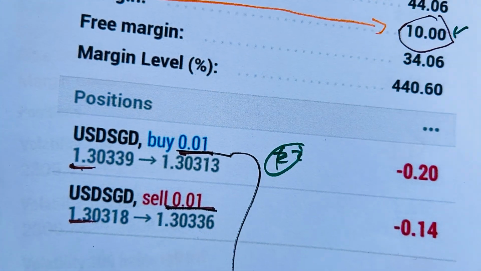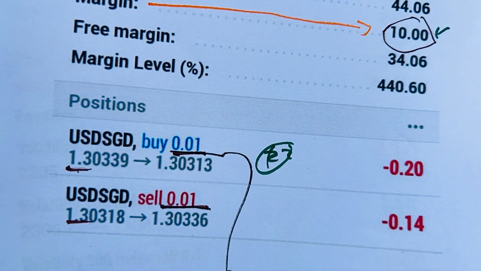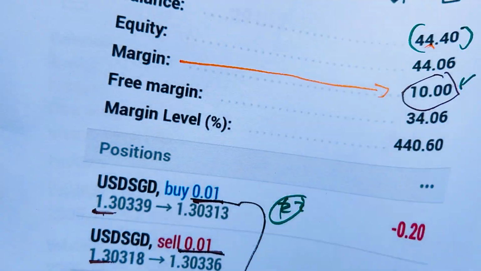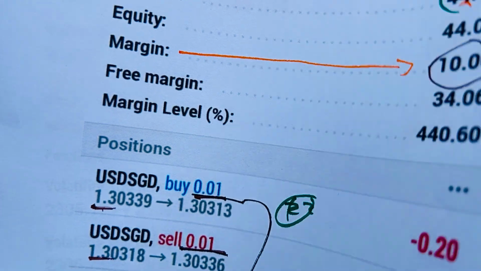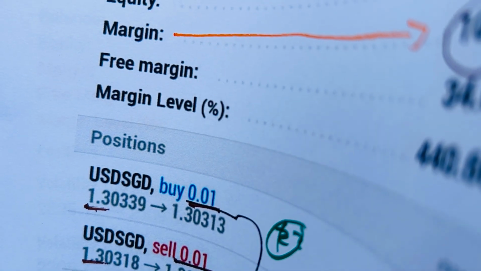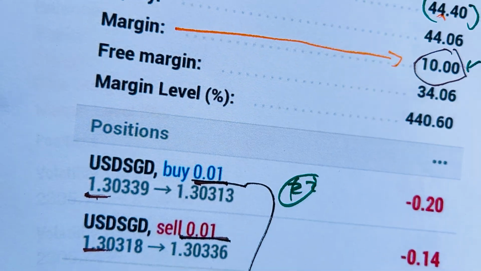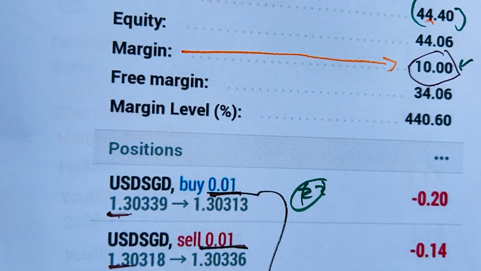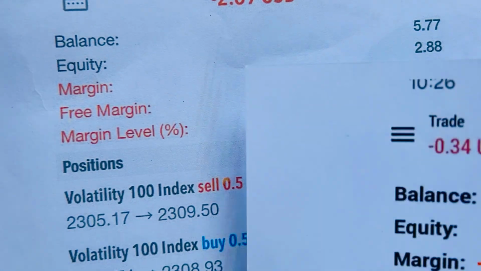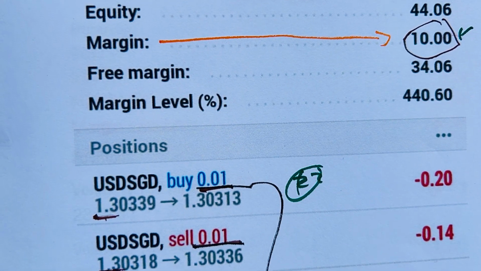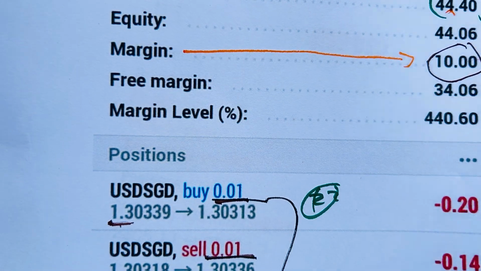You don't trade assets that have higher spreads. You trade assets that have lower spread, because if you trade assets that do have a higher spread, then you will actually lose a lot of money trying to make money. So make it a point that you do not trade in that way.